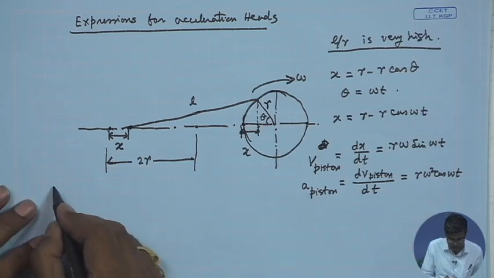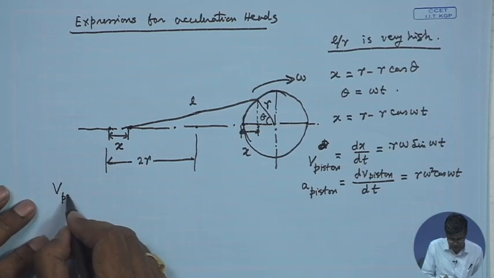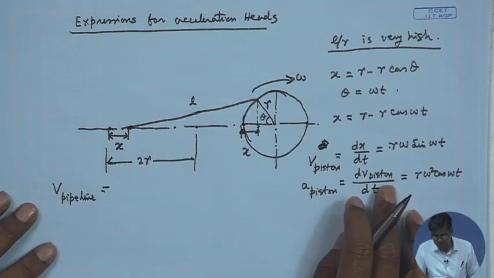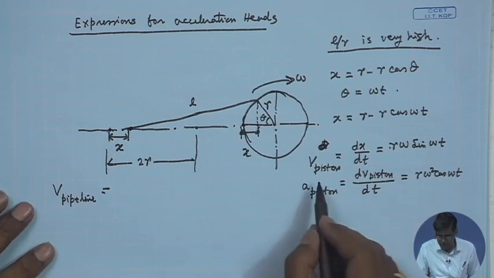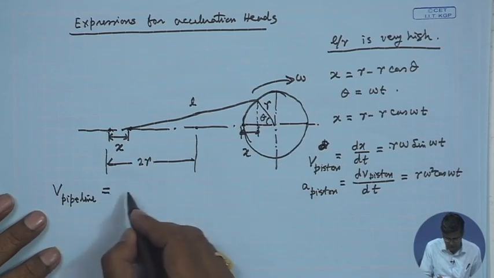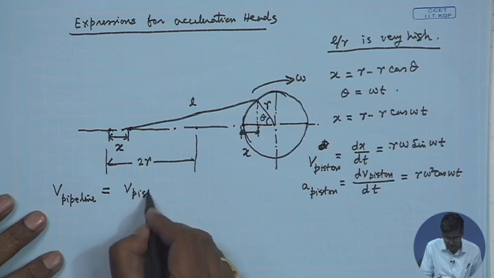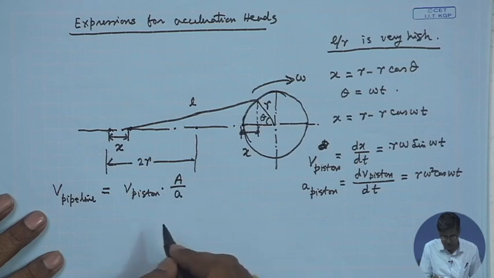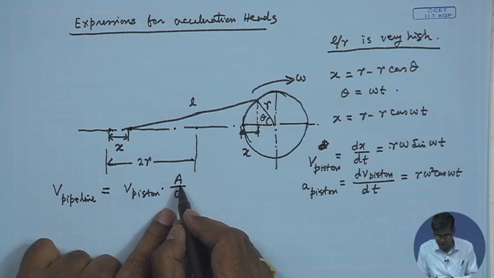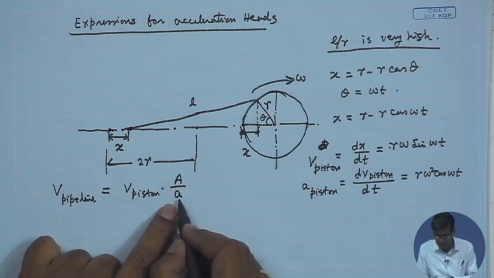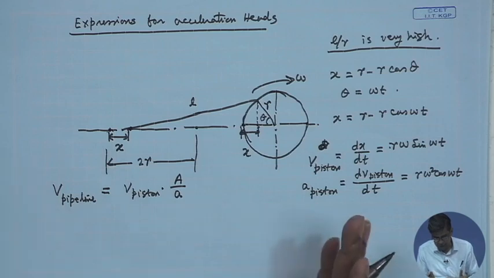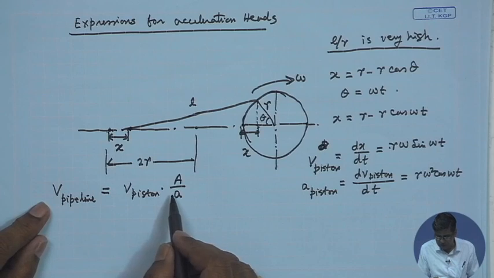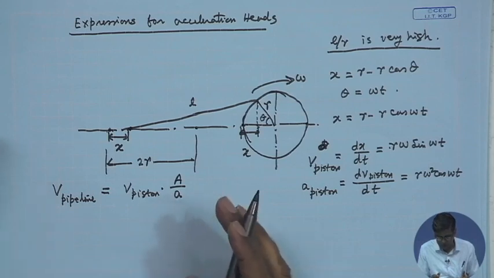Now, we are interested in the velocity in the pipeline, that means either in the discharge pipe or in the suction pipe, inlet pipe. At any instant, the velocity of the piston times the cross sectional area of the piston equals the velocity in the pipeline times the cross sectional area of the pipeline, because of the continuity for a steady volumetric flow rate.